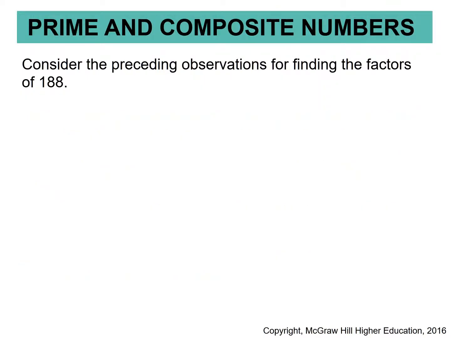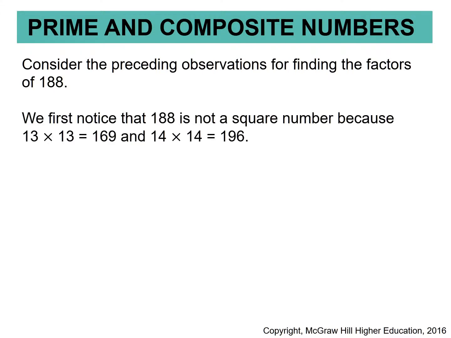So if I'm looking at 188 and I want to find all the factors of 188, now 188 is not a perfect square. I can't find a number which I multiply by itself to get 188. But I do know that if I take 13 times itself, I get 169. And if I take 14 and multiply it by itself, I get 196.